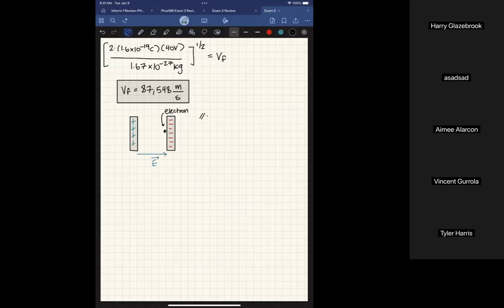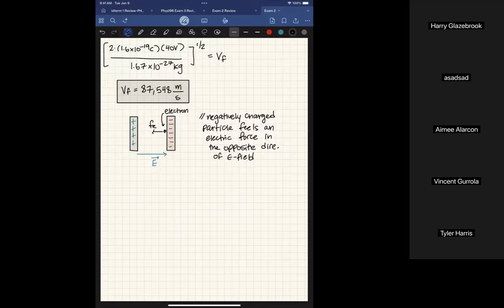But a negatively charged particle feels an electric force in the opposite direction of the E field. So it feels its force going this way.